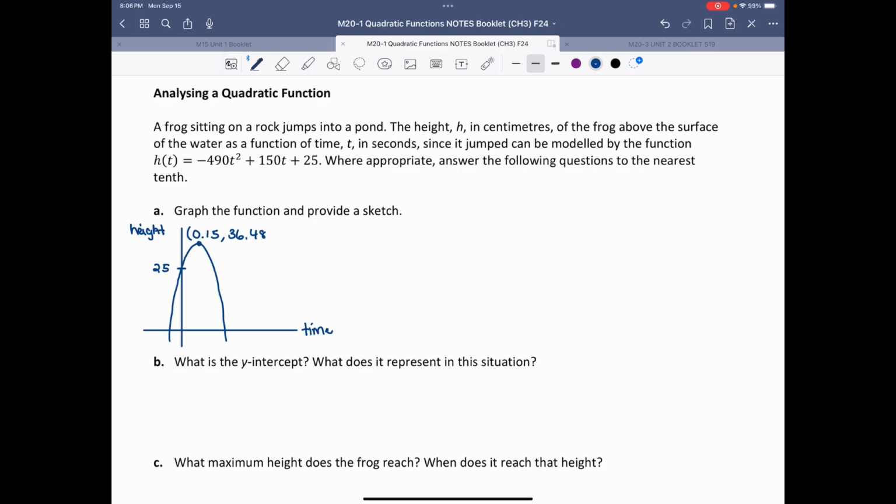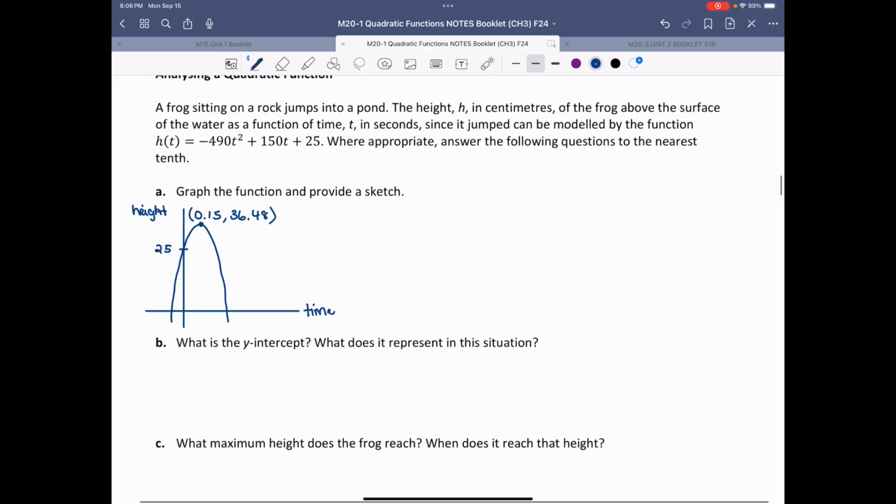So that's our vertex. Let's find our x-intercepts. G-solve, root. My first one is negative 0.12. My second one, if I just use the right arrow, is 0.43.